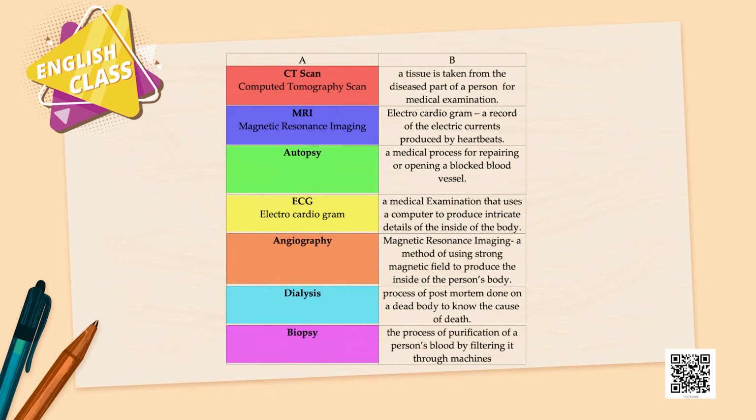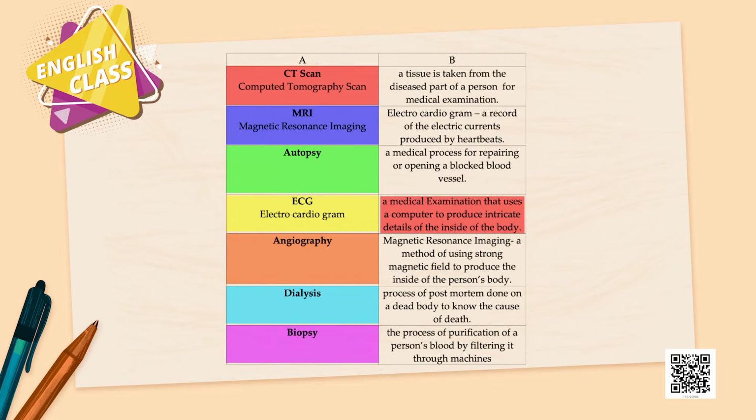The term is CT scan, and the clarification of CT scan is a medical examination that uses a computer to produce intricate details of the inside of the body. So, did you try to match it? Where is it? Under column B, fourth under column B. A medical examination is number 4. Did you try to match it?